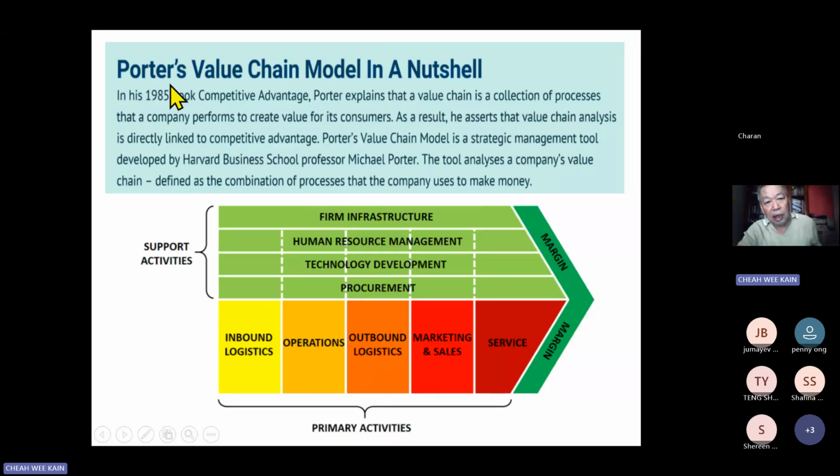Don't just look at what the book says. Company value chain defines the combination of activities the company uses to make money. Yes, but in making money, 100% you make everything yourself, or 100% you go outside, or half; which operation needs to be outsourced, please consider.